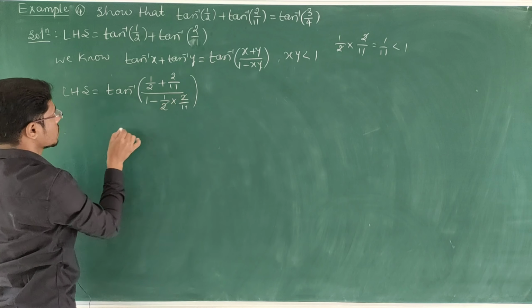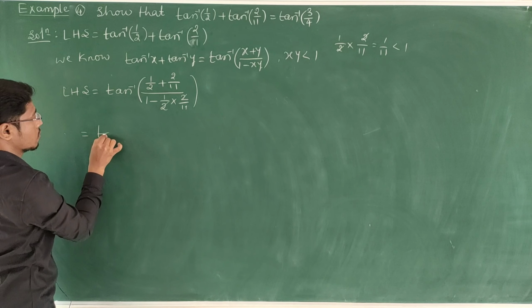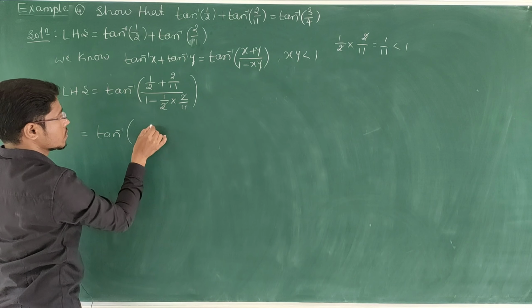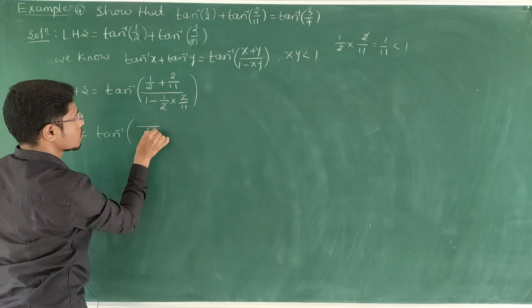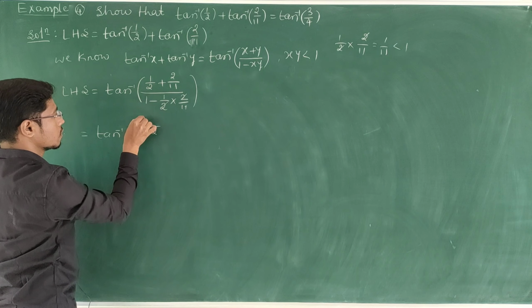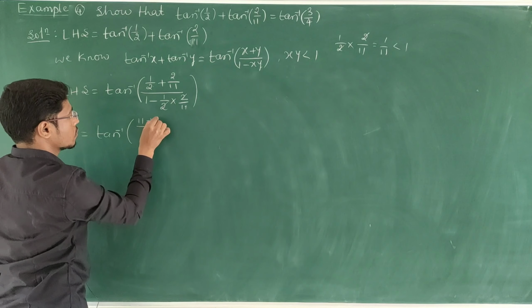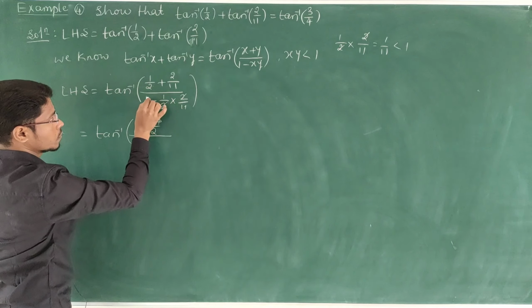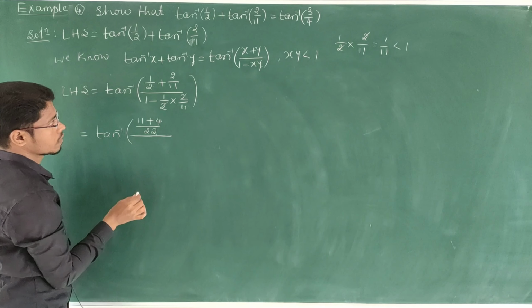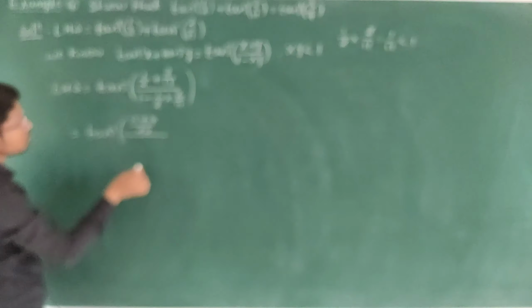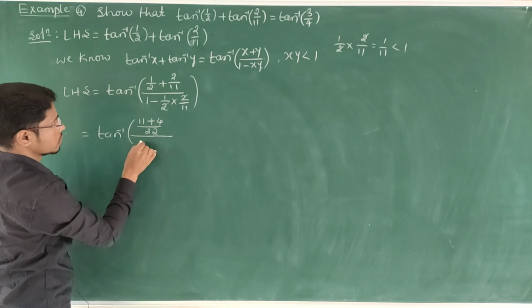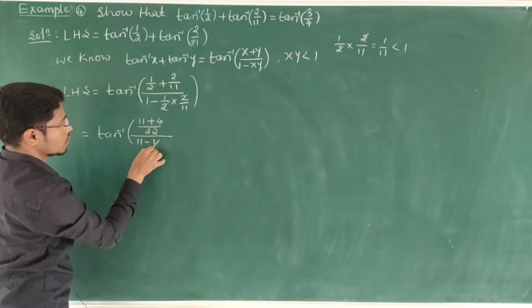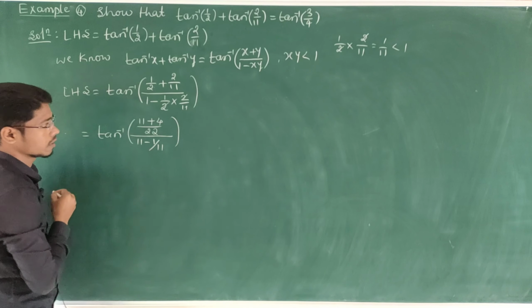The 2 cancels. This is equal to tan inverse of, LCM is 22, 11 into 2 into 2 is 4, whole divided by 1 minus 1 divided by 11.